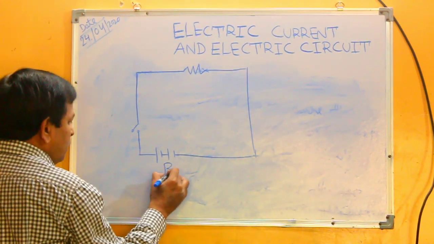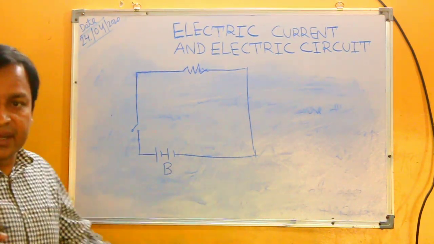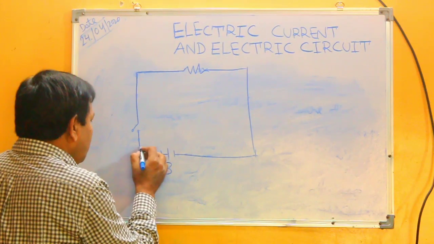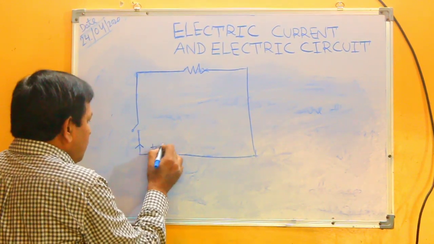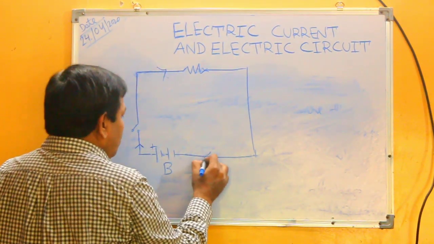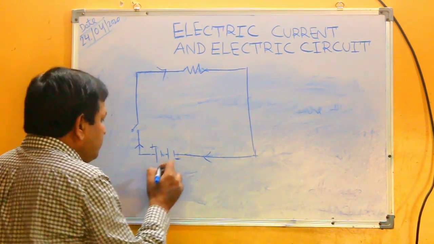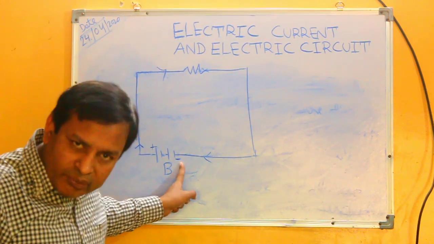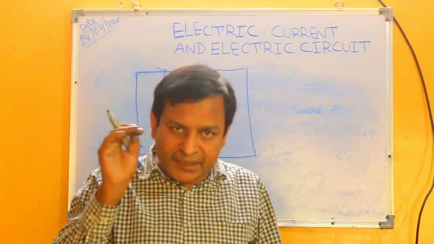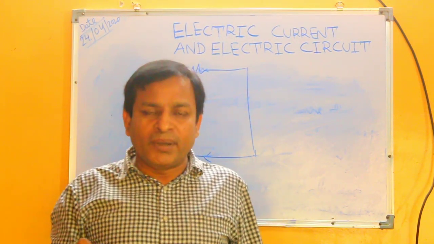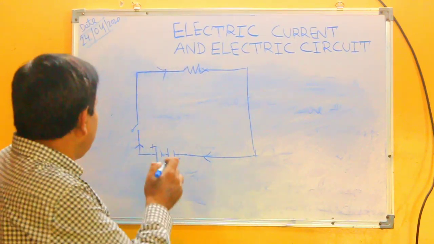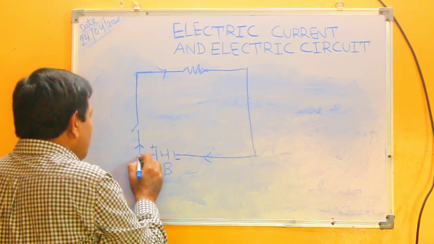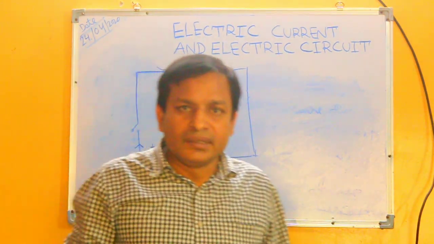Here is the battery B. Simply, we take the direction of electric current from the positive end to the negative end through the outer circuit. But in reality, the direction of electric current is from the negative to the positive end of the battery.